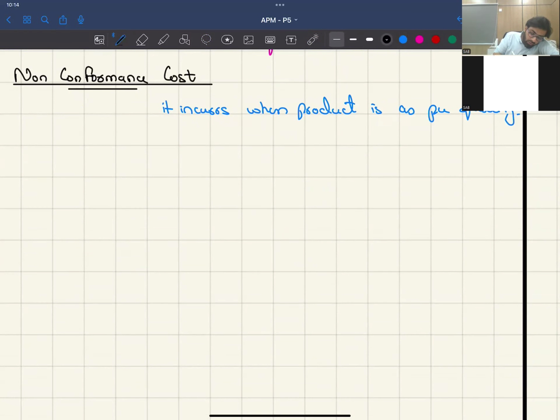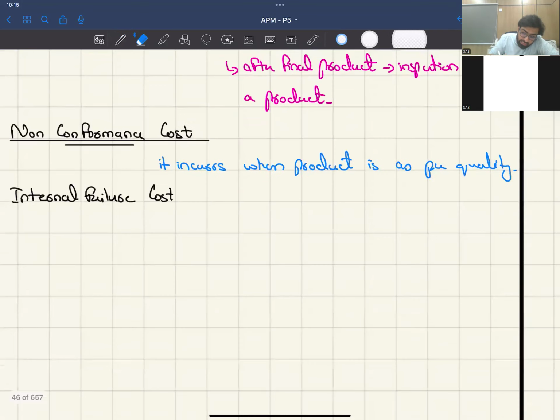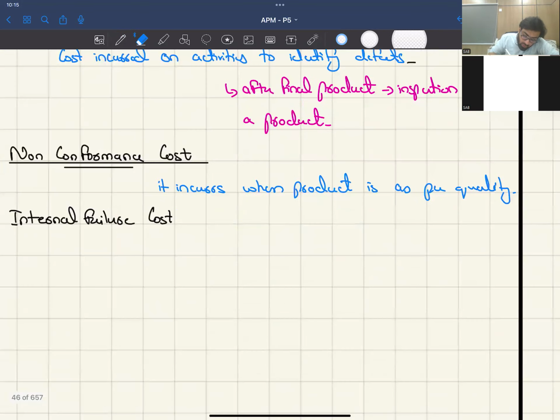Now, in non-conformance cost, what are the cost breakups, sir? So it's internal failure cost, right? Internal failure cost, what's that? It's a type of non-conformance cost, obviously. But sir, what does it exactly mean, kindly tell us.